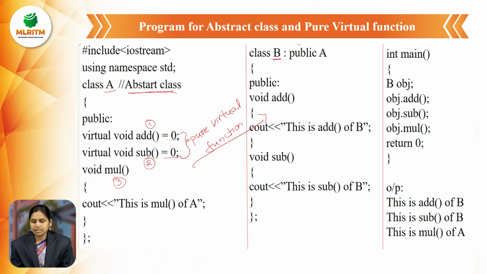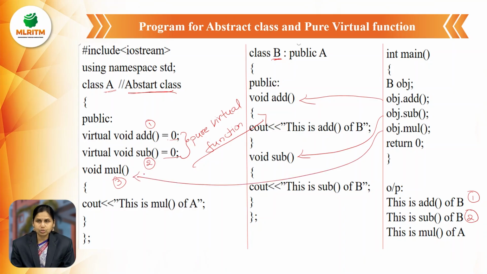Here the child class is B. Now B object obj dot add calls the add function of class B, and we get the first line of output. Next we call the sub function using the same object, and we get this output. Next obj dot multiplication goes directly to multiplication in the base class, and we get the third line of output.